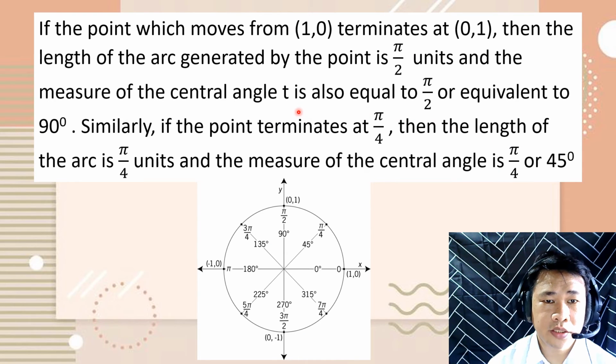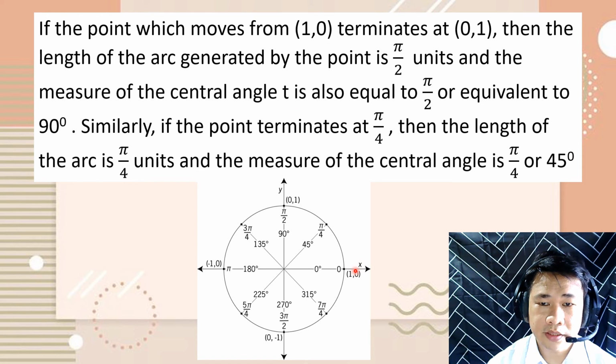If the point which moves from (1, 0) terminates at (0, 1), then the length of the arc generated by the point is pi over 2 units. And the measure of the central angle t is also equal to pi over 2, or equivalent to 90 degrees.